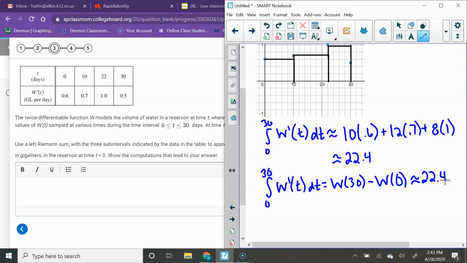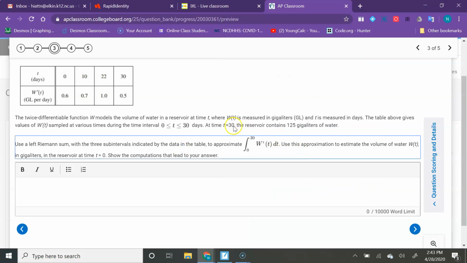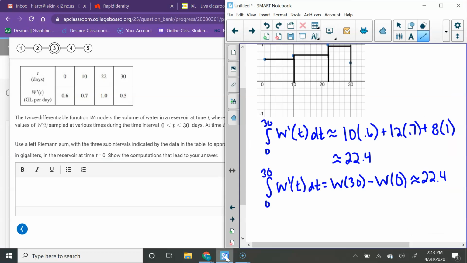In this case, we know w of 30 is 125. That was given to us in the problem right here. At time t equals 30, the reservoir contains 125 gigaliters. So we're going to plug in 125 right here. Minus w of 0 is approximately 22.4.